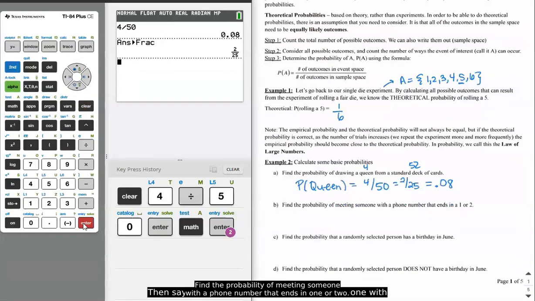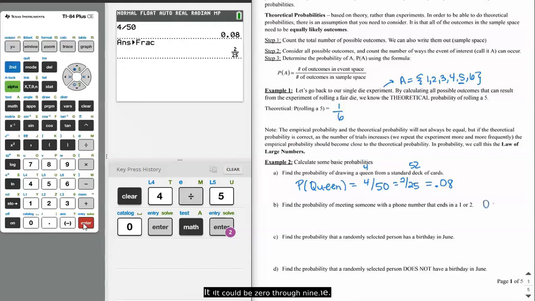Find the probability of meeting someone with a phone number that ends in a 1 or a 2. So let's think about the possible numbers. It could be 0 through 9. If I listed them out, 0, 1, 2, 3, 4, 5, 6, 7, 8, 9, that's my sample space.